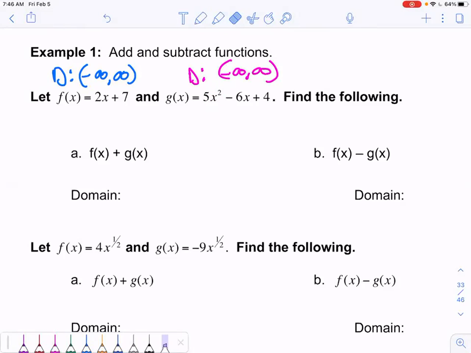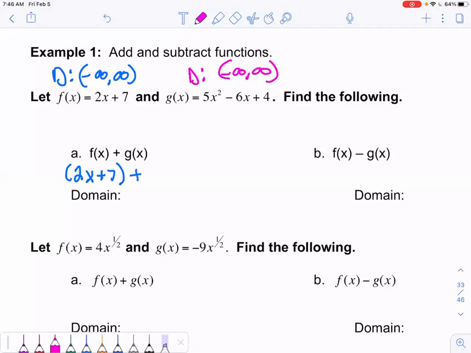All right, so see if you can try f of x plus g of x. And then part B says f of x minus g of x. Be really careful here because now you have quantities in these new functions that we're creating. So we have the quantity 2x plus 7.